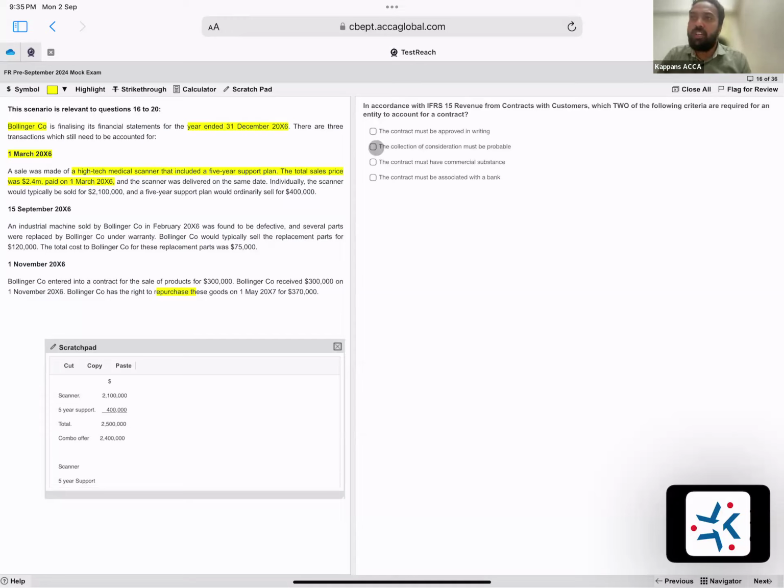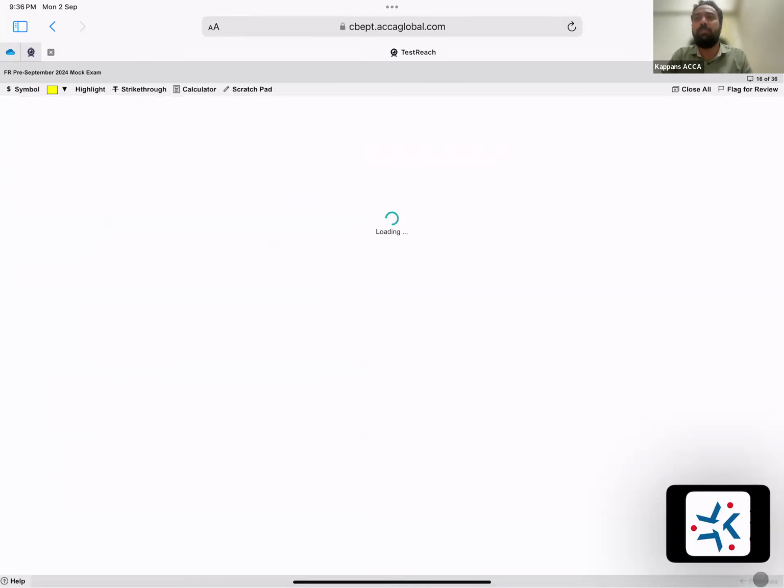Collection of consideration must be probable. Yes, there must be probable economic benefit, more than 50% chance. So yes, it is one of the principles of revenue recognition. The contract must have commercial substance. Yes. The contract must be associated with a bank. No. So B and C is the answer.